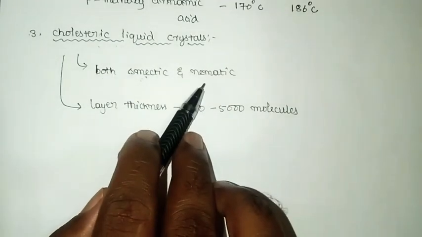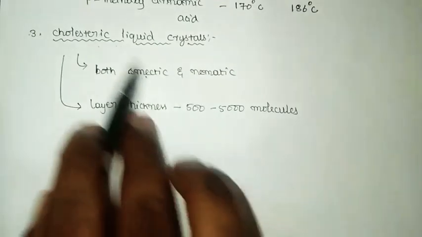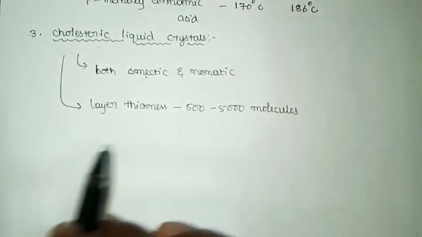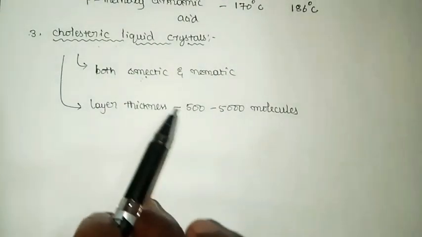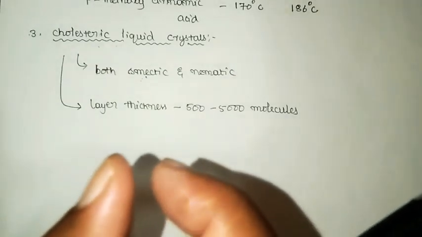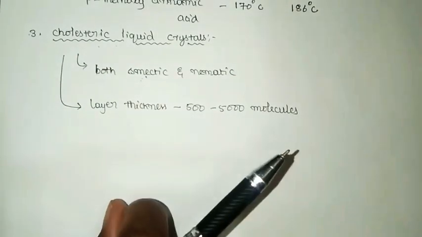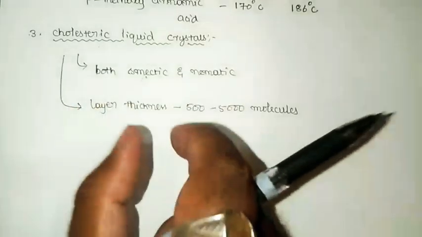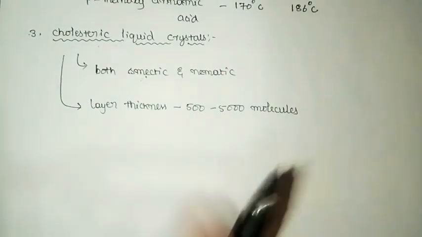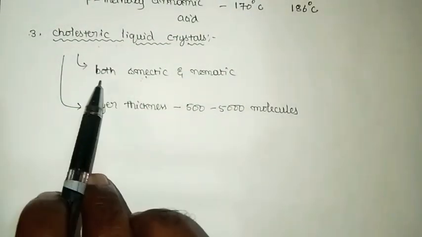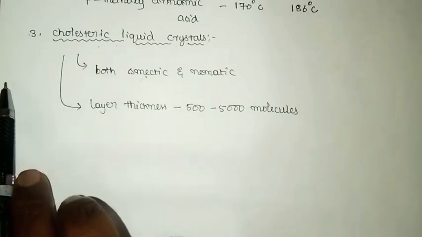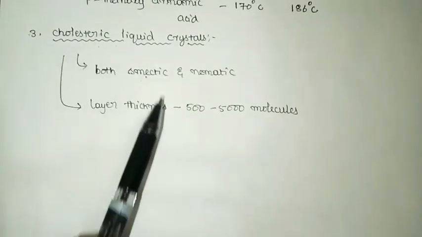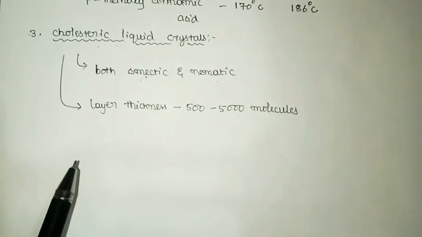And like nematic liquid crystals, the cholesteric liquid crystals also have a thread-like structure. So these layers are arranged in the form of small layers, I mean to say, a small thread-like arrangement. But the thing is that it has both the properties of smectic and nematic liquid crystals.